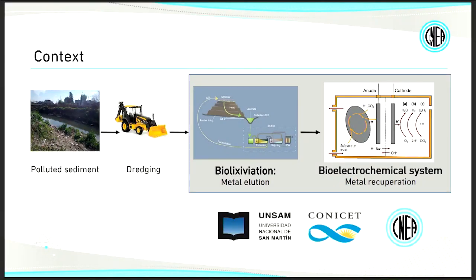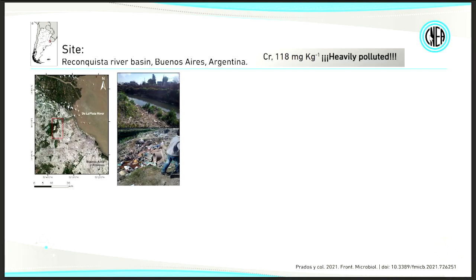So we are working on a project trying to develop a specific bioelectrochemical system for the recovery of metals that come from polluted sediments. We are trying to do so by coupling different systems. I will not go into details of this, but we are working with a specific polluted sediment in Buenos Aires, in Argentina.